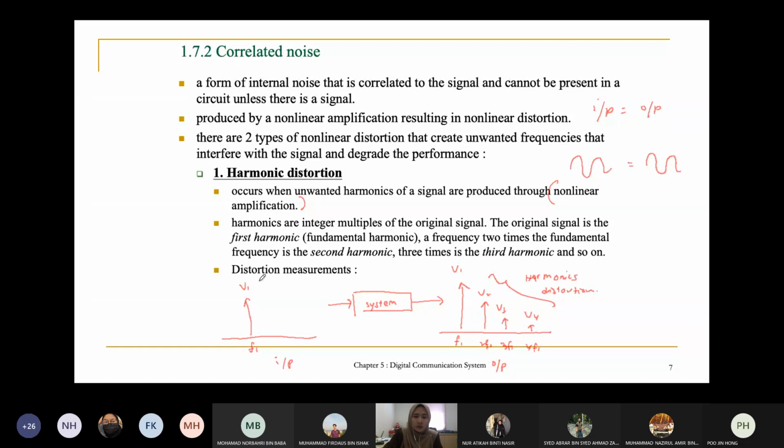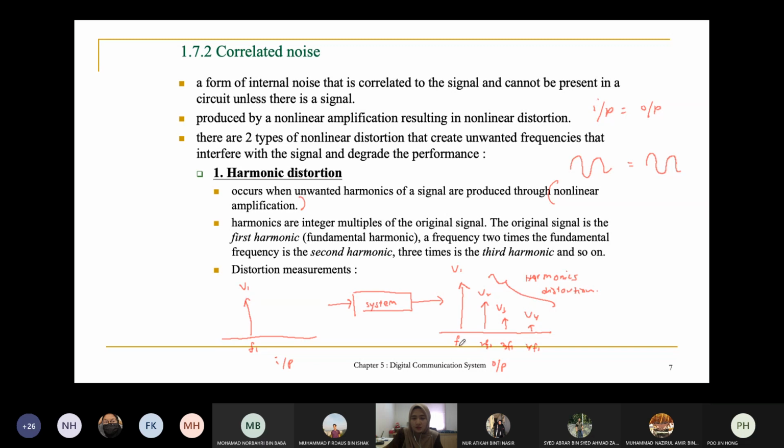Over here, when at the input you have V1, supposedly for a good system, at the output you only have V1. But now at the output here we have V1, V2, V3, V4, where V2, V3 and V4 are actually the amplification of V1.